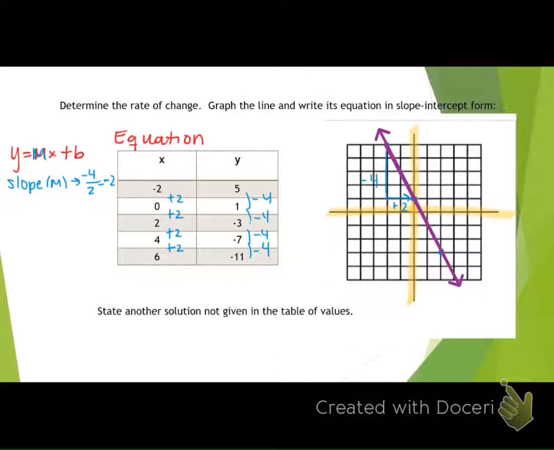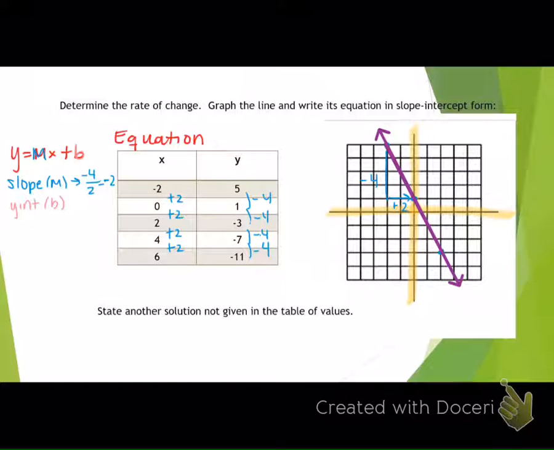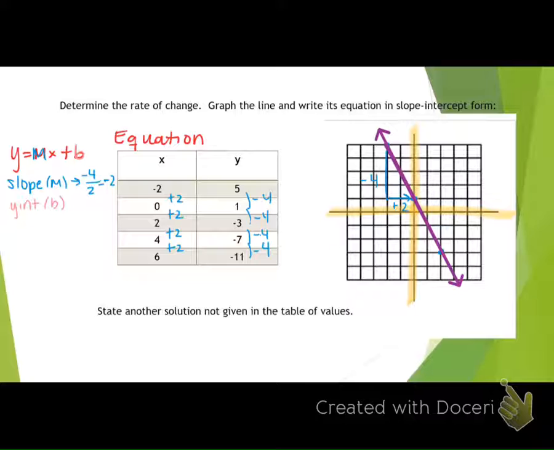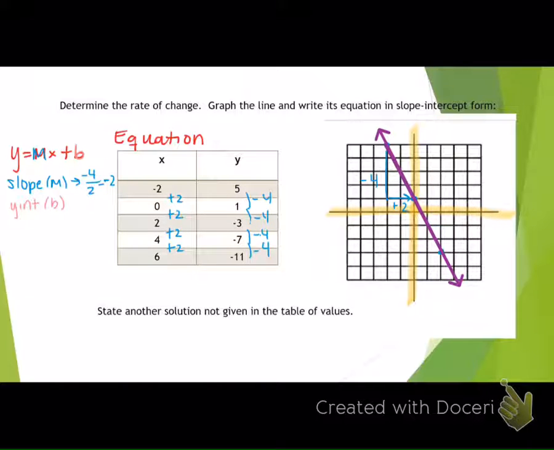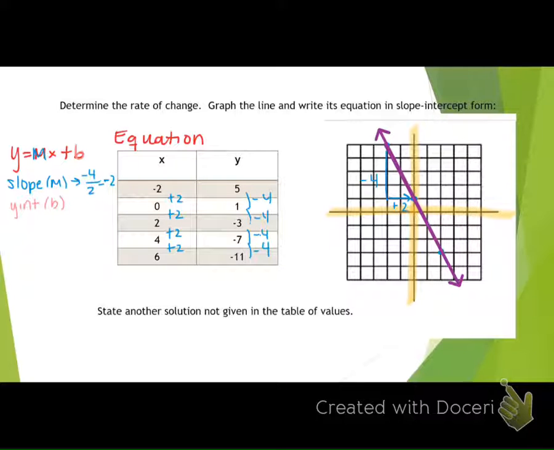Tommy, what's my y-intercept? Oh, so wouldn't it be all the negative 4s? No. Look at your graph. Where's it crossing the y-axis at?